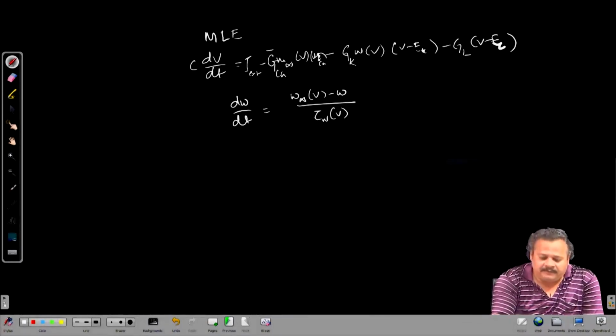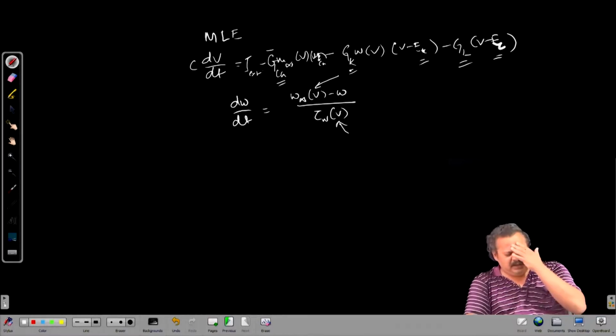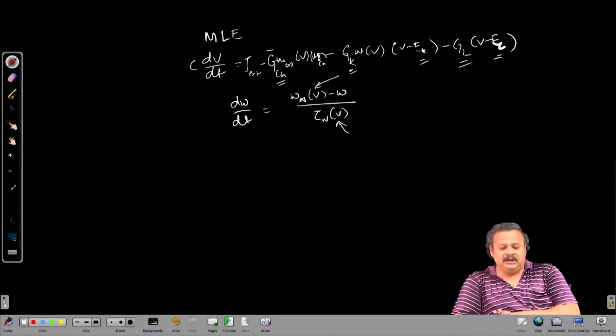We have the functional forms of w infinity and tau w as a function of voltage, and all the values of these parameters. We have discussed how this system shows near threshold behavior and not exact threshold behavior.